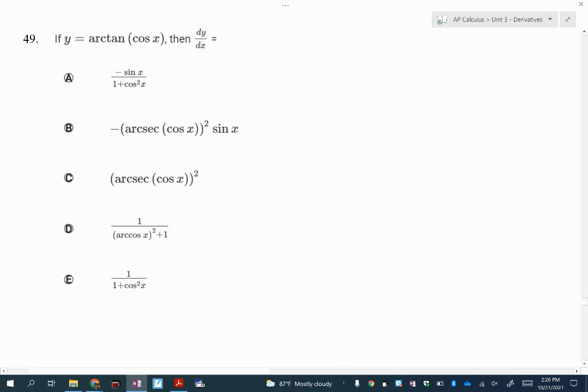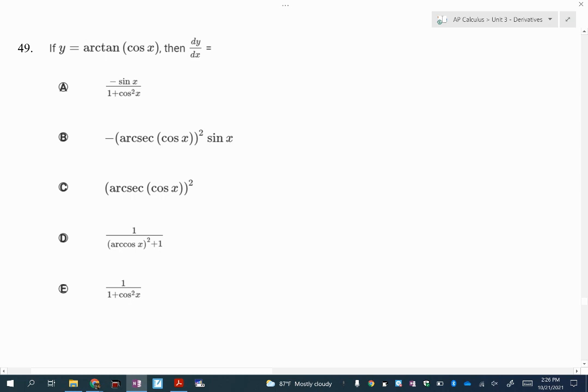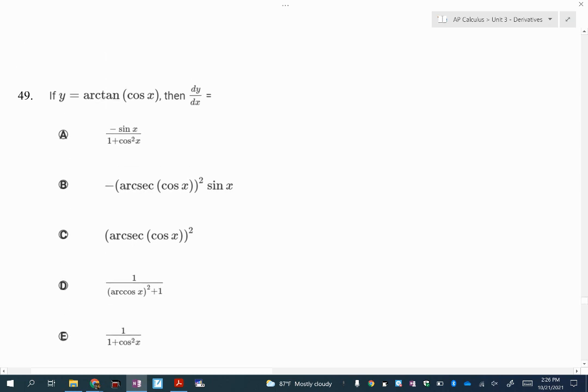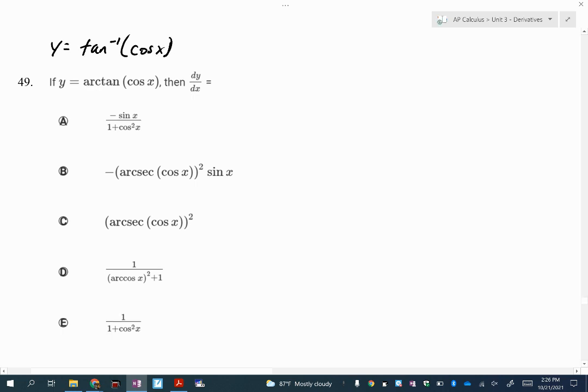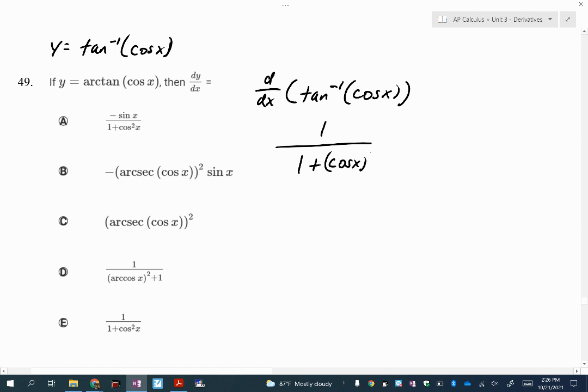Okay, 49. This says arc tangent, but if you needed to rewrite it, you could. Right? Arc tan is just tangent to the negative first power of the cosine of x. All right, so when I find the derivative here, I am going to have the chain rule. So the derivative of the inverse tangent function of cosine of x, so that's 1 over 1 plus the cosine of x squared.